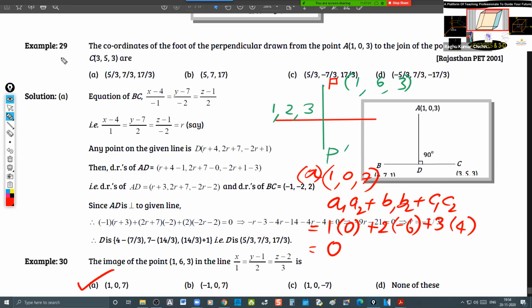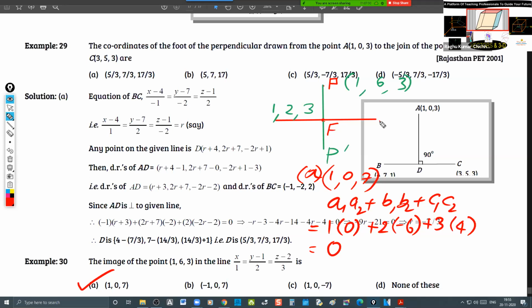If you want to go for the method, it also has to proceed from the foot only. In the previous case, we did the method to find the foot of the perpendicular. This foot is nothing but the midpoint of P and P dash: F is P plus P dash by 2.